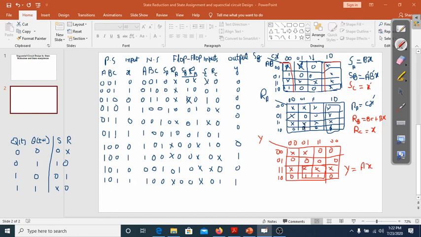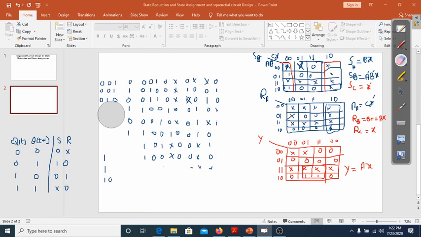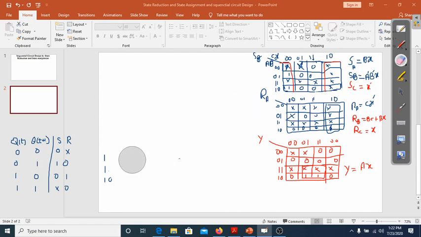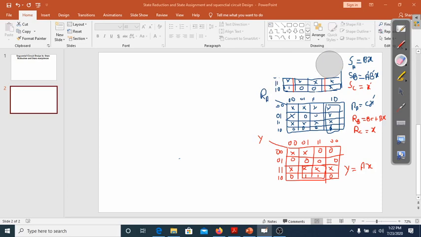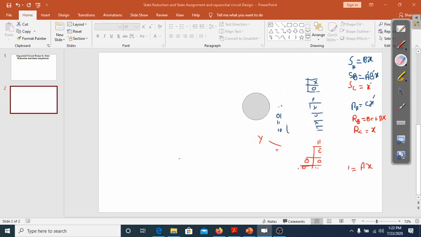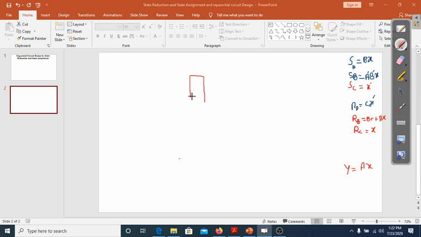Now let me draw the sequential circuit. I'm going to erase this excitation table, and these Karnaugh map tables also. So I have 3 RS flip-flops.